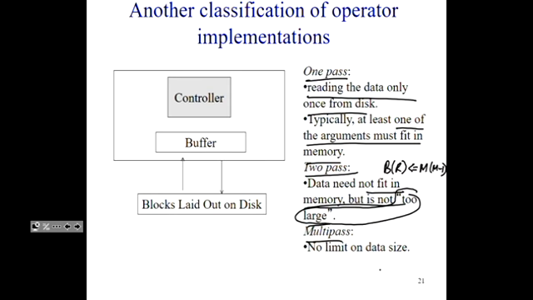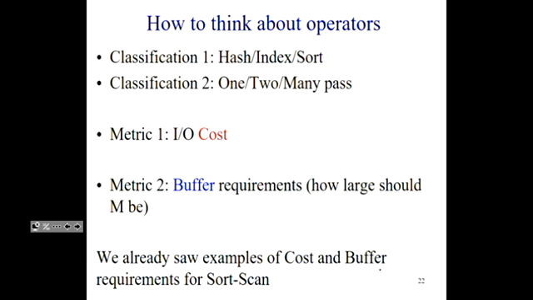You can have data as large as you want. Okay, so these are the two classifications: hash, index, sort, or one pass, two pass, or many pass. Another classification you can think of is blocking versus non-blocking. This we will not focus on as much, but I just wanted to mention it because we covered it in the iterator intuition.